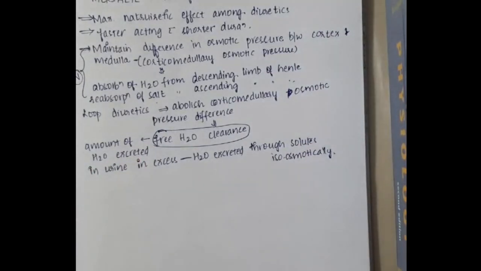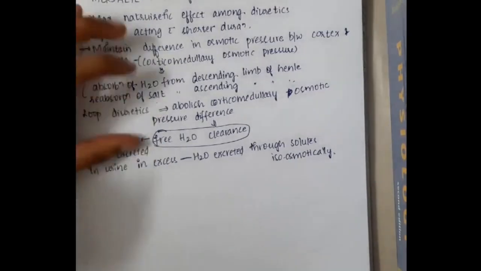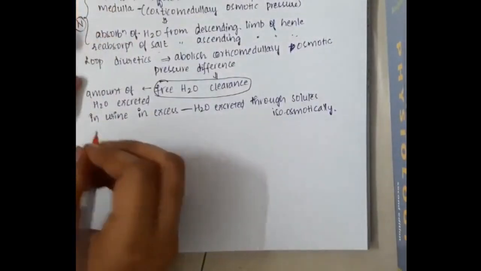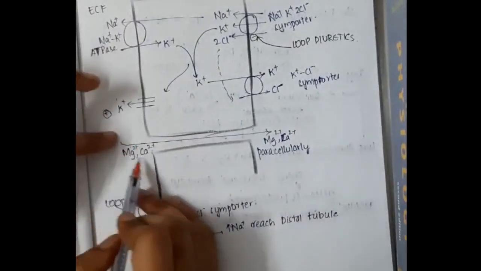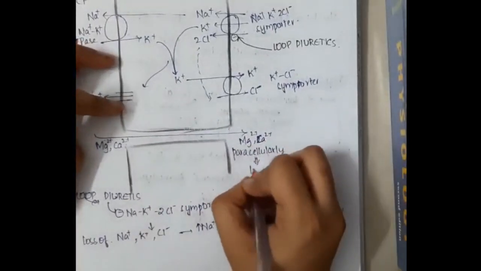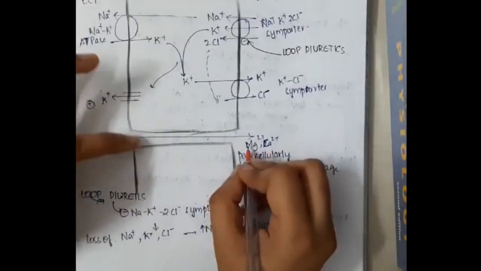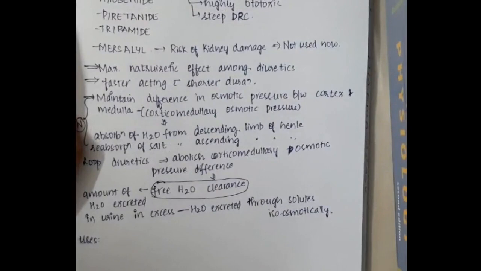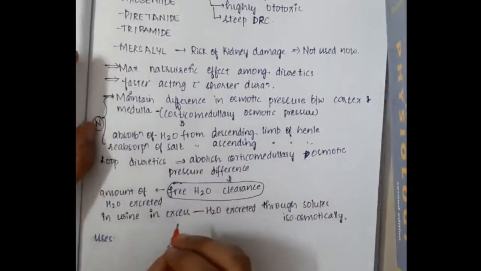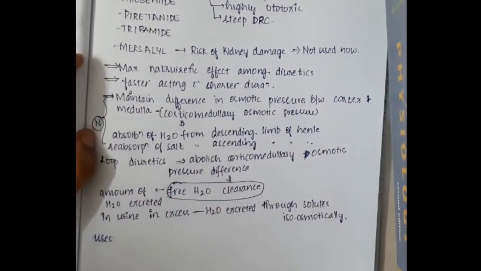Magnesium and calcium excretion through the paracellular route normally is minimal, but with loop diuretics the excretion of magnesium and calcium becomes more.